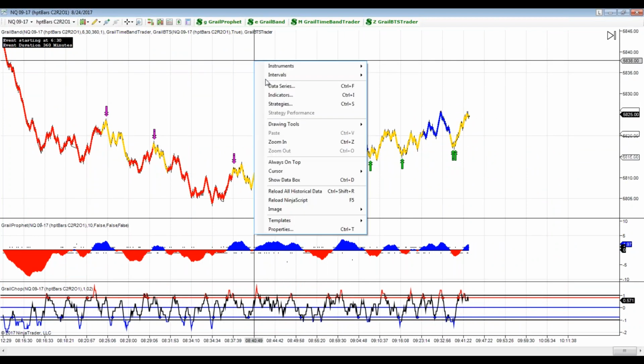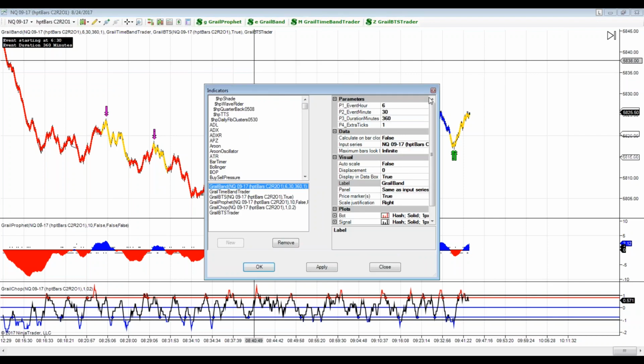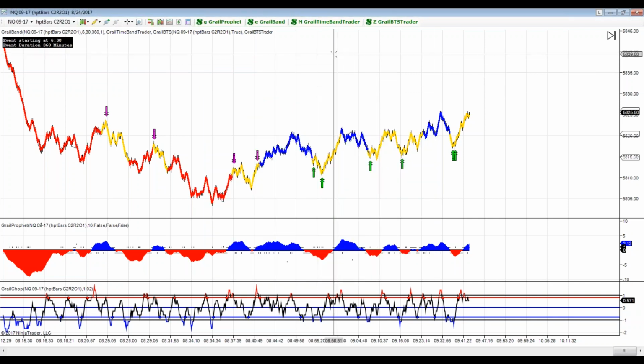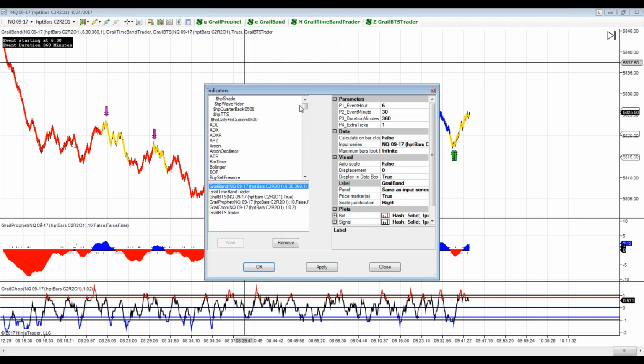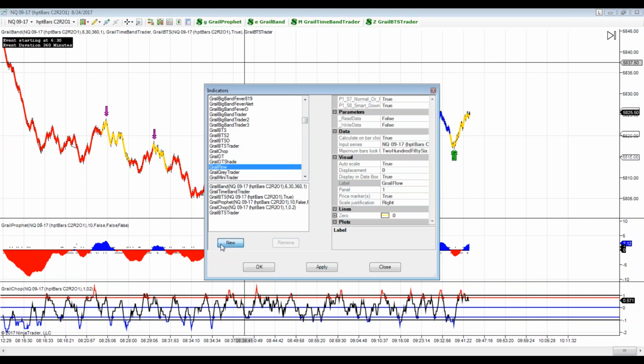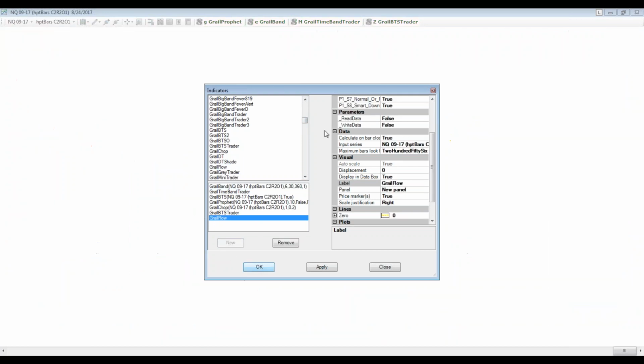So I'm going to right click, we're going to go to indicators. I'm going to pick the Grail flow, new, and hit OK.